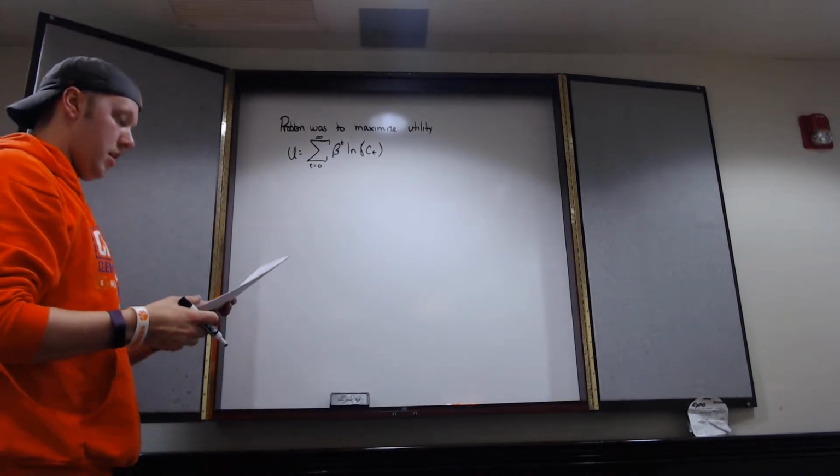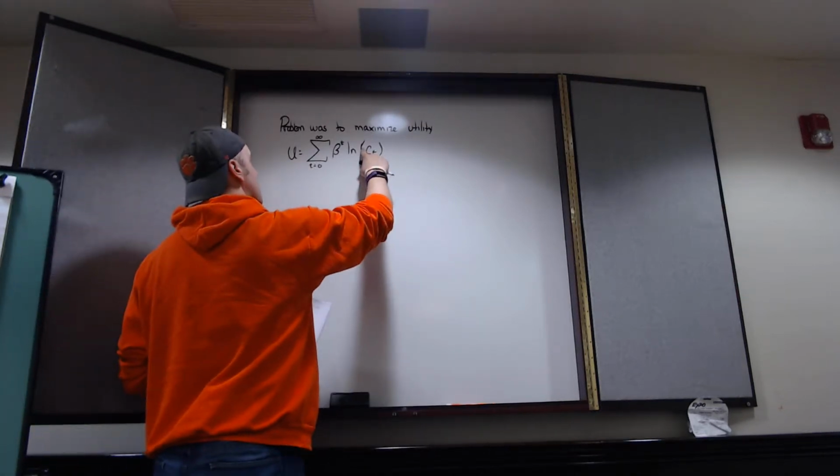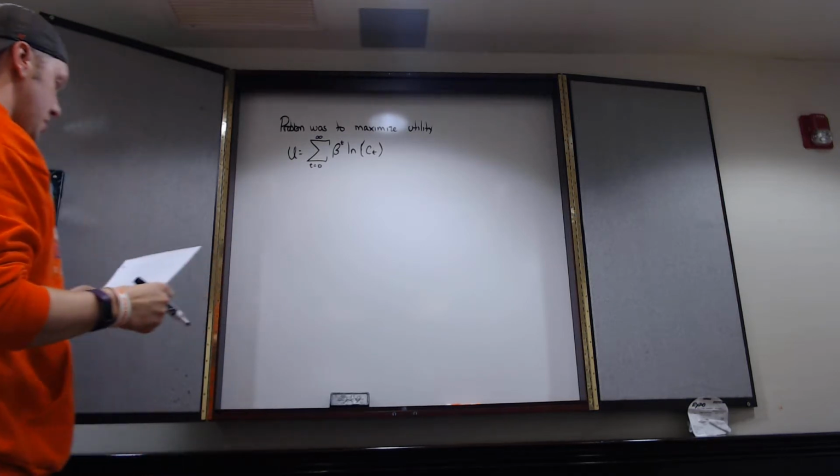So the utility function is the natural log of consumption weighted by a stationary discount weight.